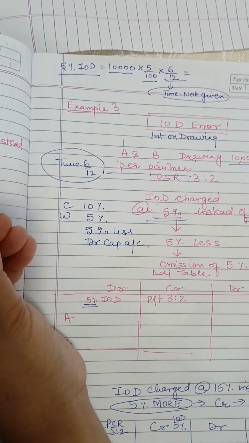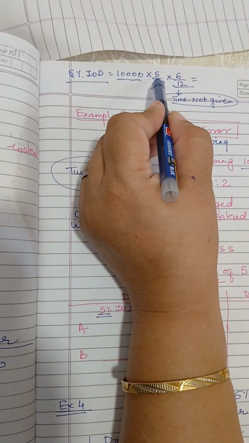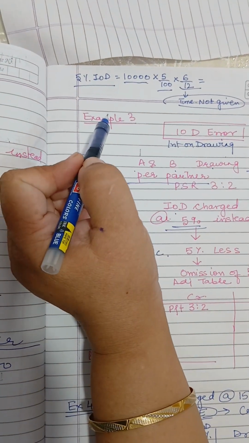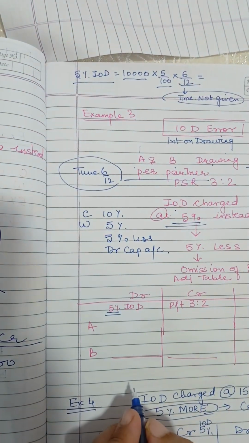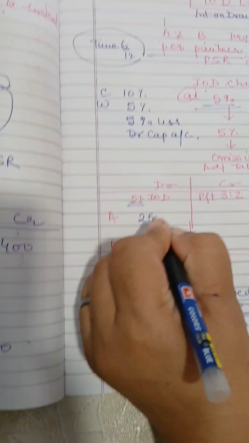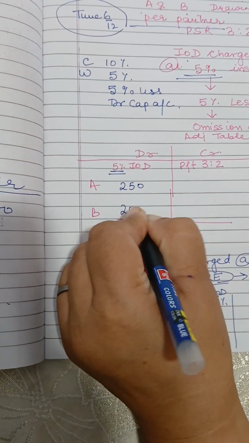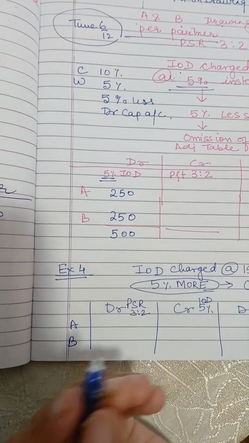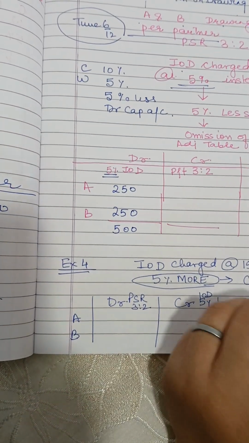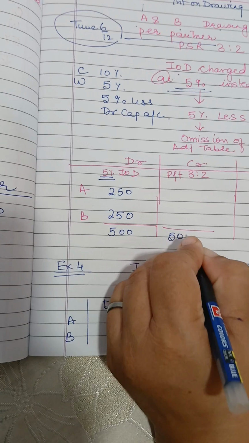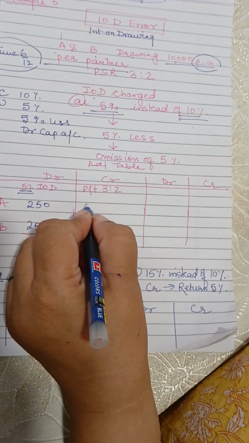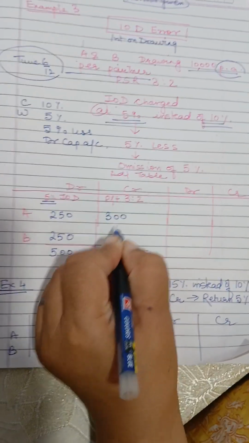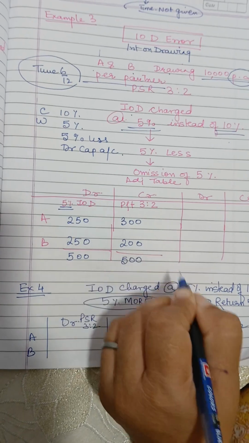That's the rule of interest on drawing. What is 10,000 5%? 500. Half of that, 250. 250 for A, 250 for B. Total 500. We get it from them. When we are getting it from them, it is a profit for the firm. Let's share this profit in the ratio of 3:2, 300, 200.